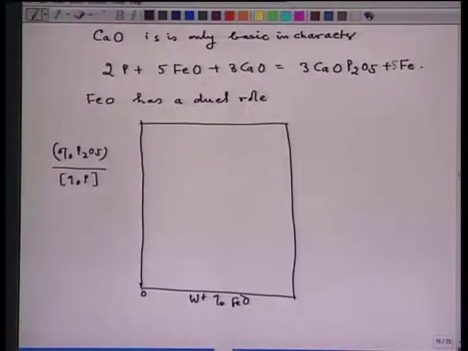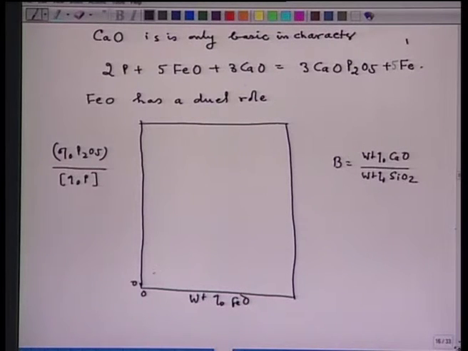What I am plotting is the dephosphorylation index as a function of weight percent FeO. Of course, here it is 0, here it is 0, as a function of basicity. Basicity is defined here as B, which is equal to weight percent CaO upon weight percent SiO2.